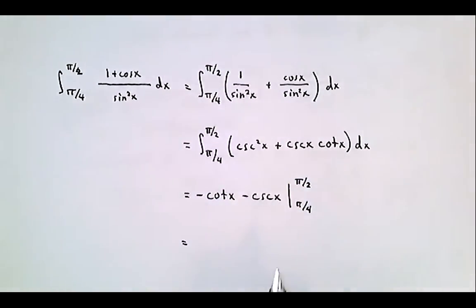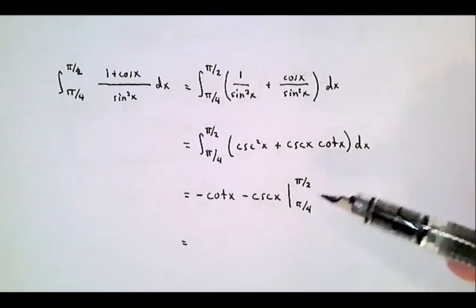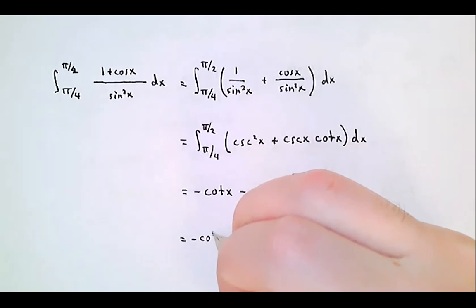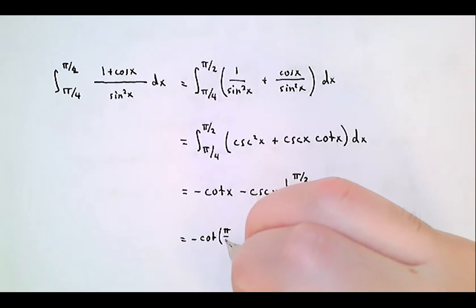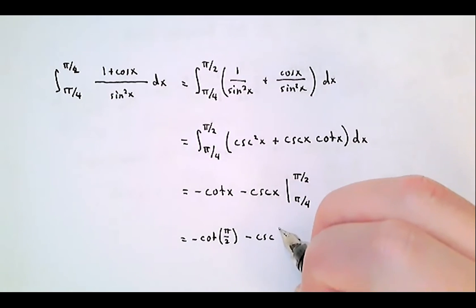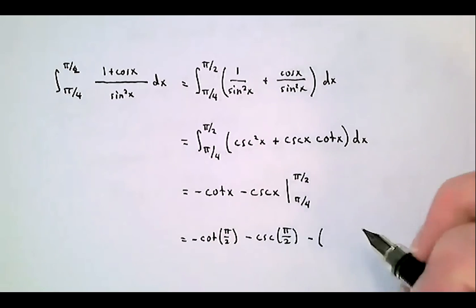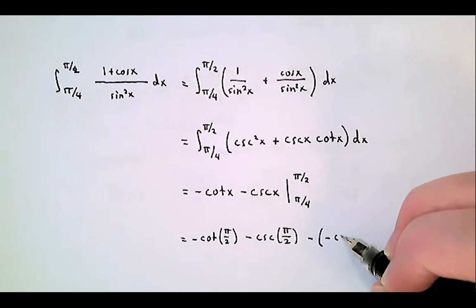So at the very end, even after we've already done lots of complicated things involving algebra and trigonometry and calculus, we still have to remember the unit circle. We have to plug in some values. Start with pi over 2. And then subtract and plug in pi over 4.